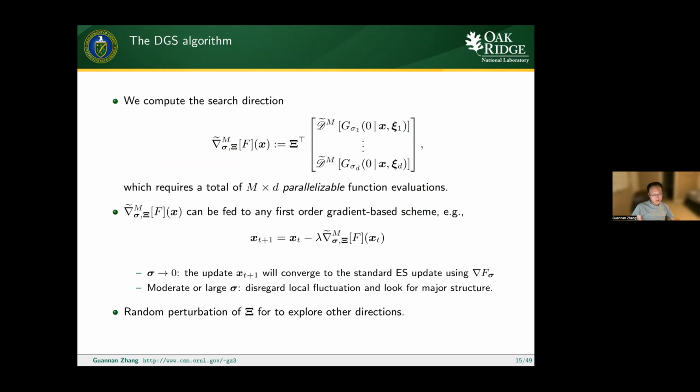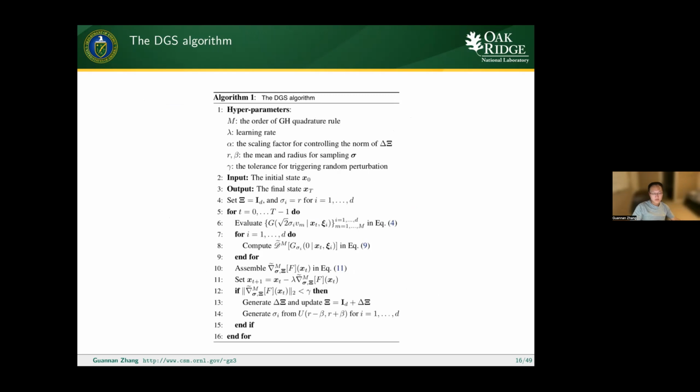After that we can just stack all the Gauss-Hermite estimators together to formulate the estimator of the DGS gradient, and then we put them in the context of gradient descent and perform just a gradient optimization. So, this is a very simple algorithm to summarize.